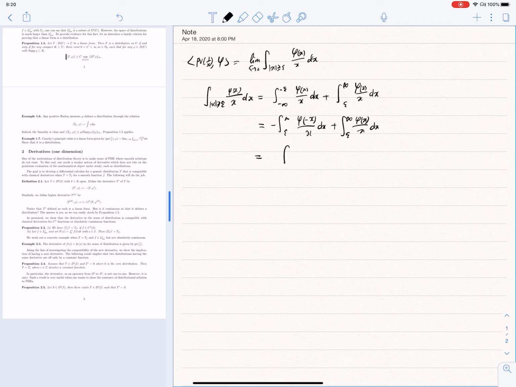All right, so now we have one integral only, and we can put things together. We have this form, and now we see that if we take epsilon going to 0, this is converging to this integral.